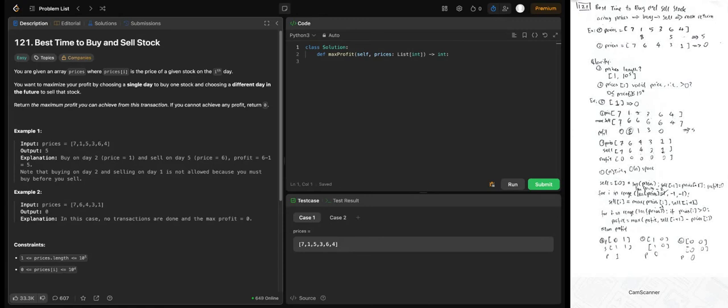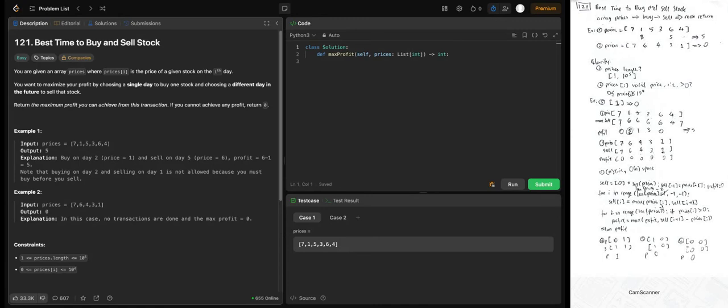The i will represent the day on which we do the buy transaction. So here, first of all, I'm going to need a profit that I initialize to 0.